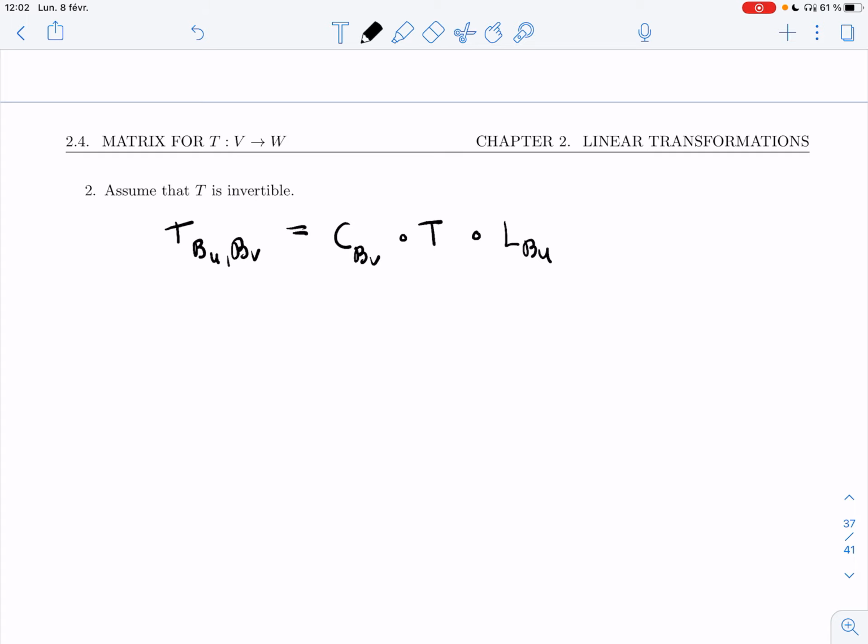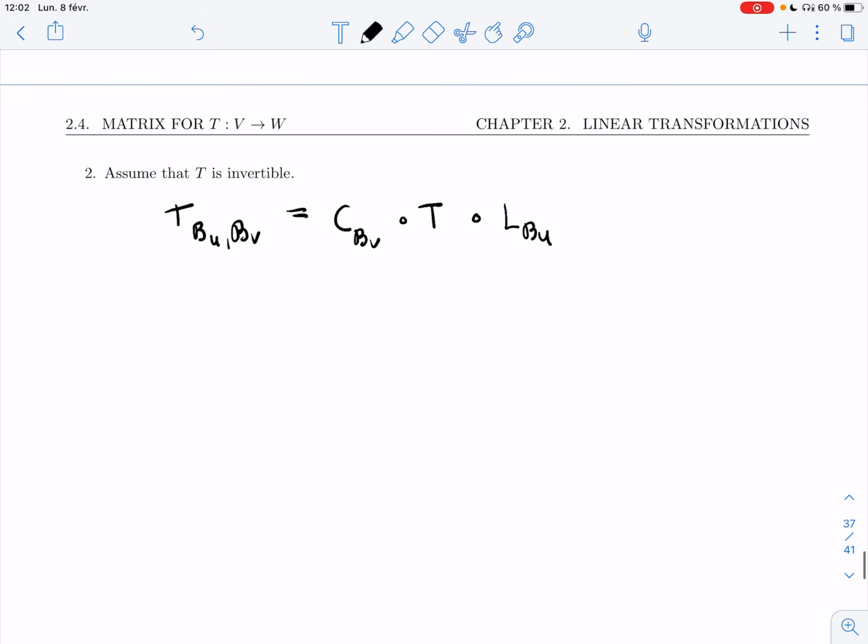All right, but this is invertible, this is invertible, and this is invertible. And so this one is invertible, and we know how to find this inverse.